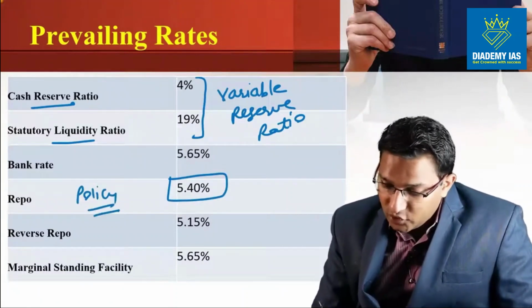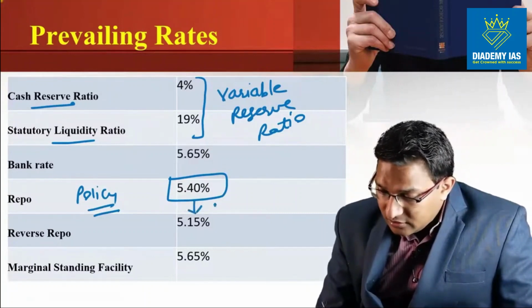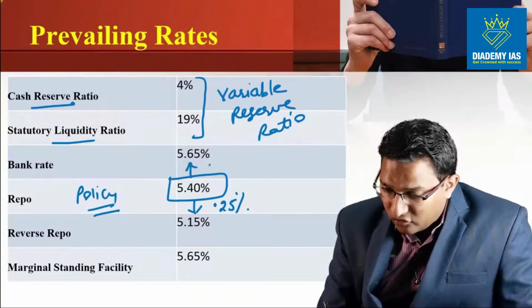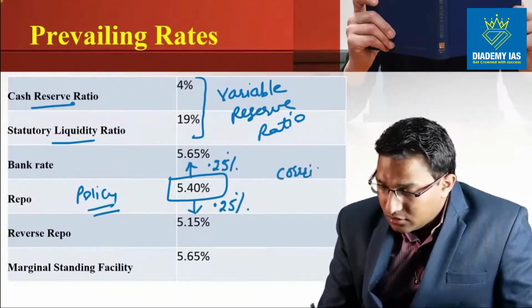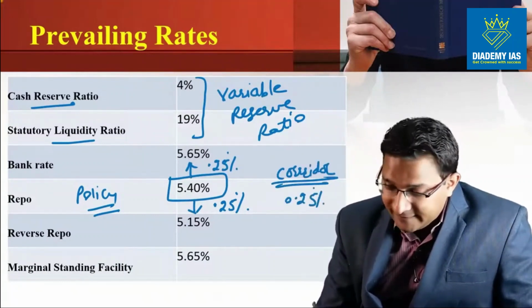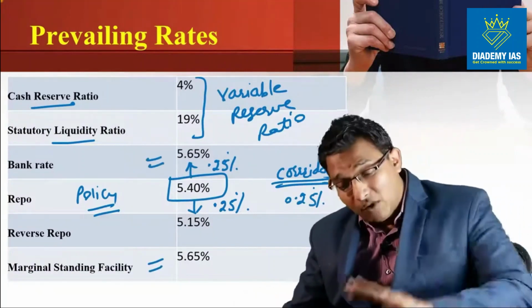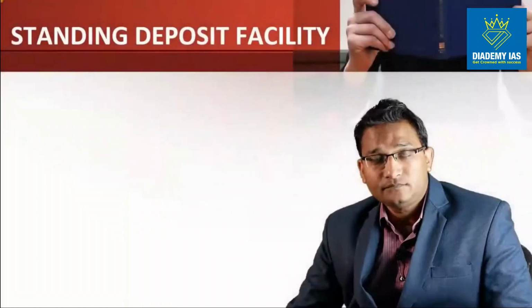So you can see this reverse repo rate is 0.25% less and this is 0.25% extra. So how much is the corridor? Corridor is 0.25%, right? The marginal standing facility and the bank rate are equal. So they are above the repo rate and they are equal also.